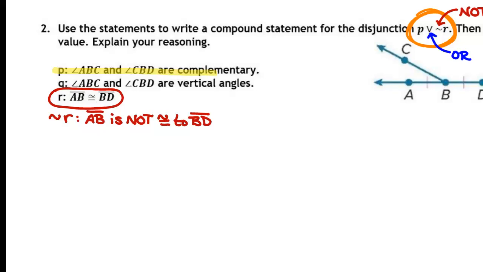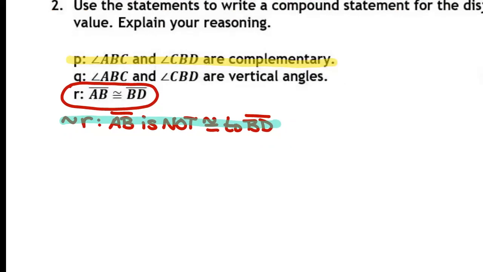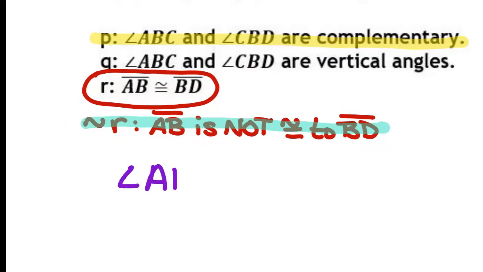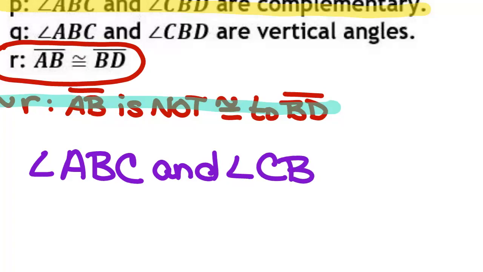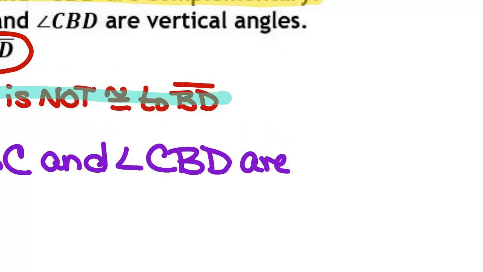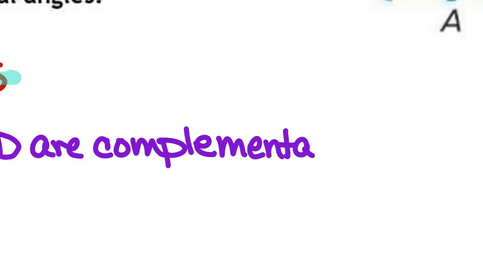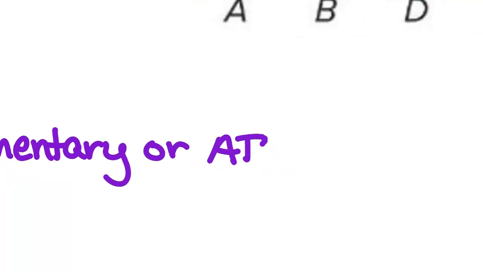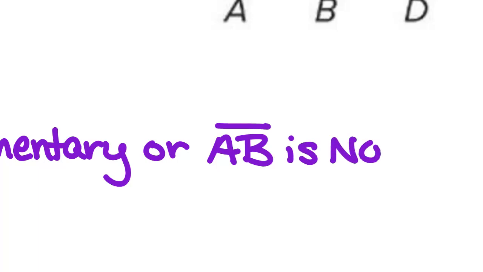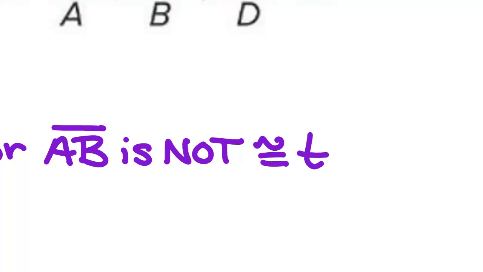So I want statement P, this one right here, and I want not R. So my compound statement, my disjunction: angle ABC and angle CBD are complementary, or segment AB is not congruent to segment BD.